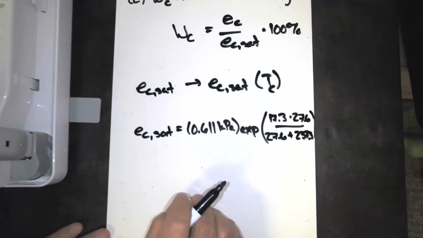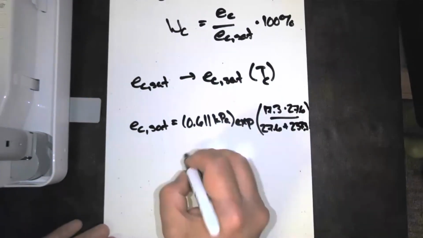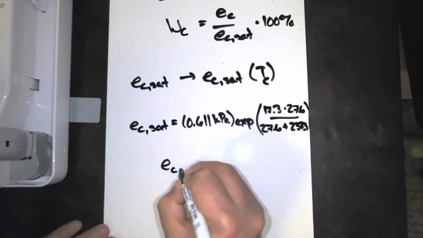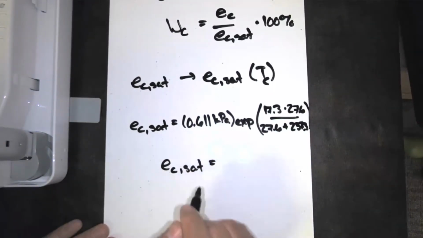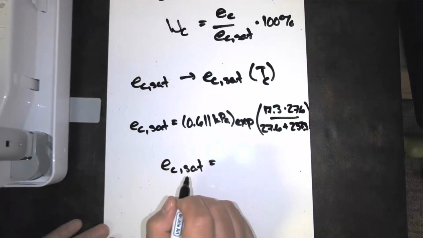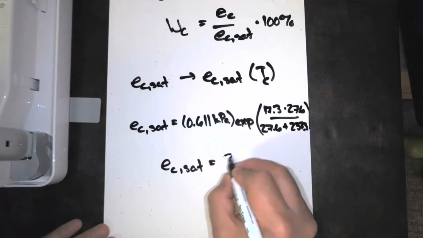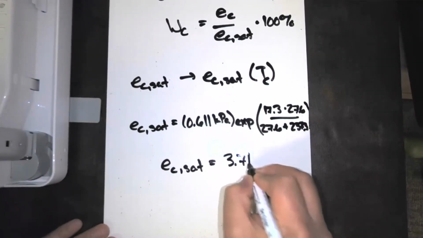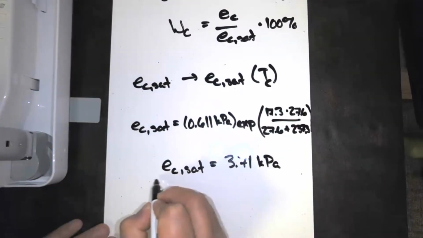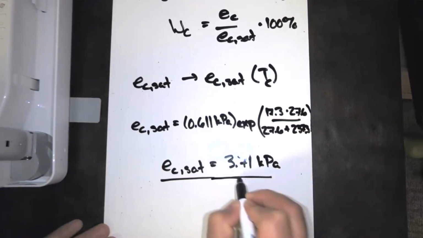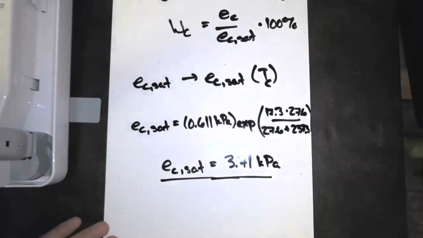Okay. And when we do that calculation, we should get E sub C at saturation, the saturation vapor pressure, the total amount of water that the air parcel can hold at location C, is equal to 3.71 kPa. Okay, so this is an important thing that we'll need to keep for our calculation.